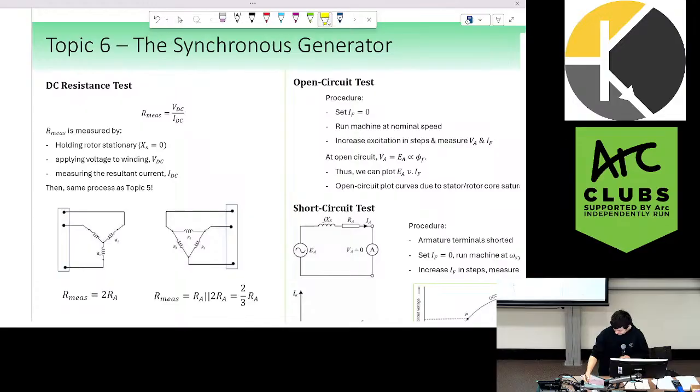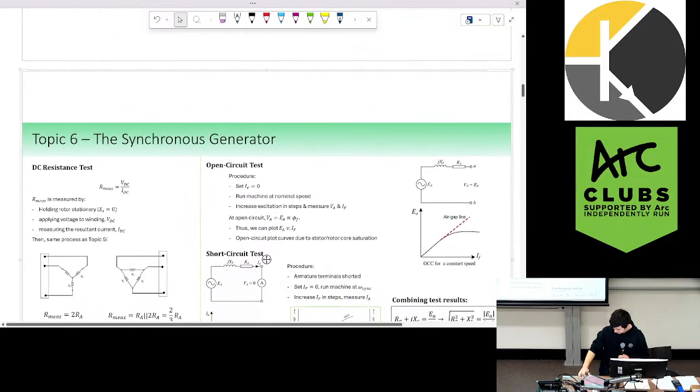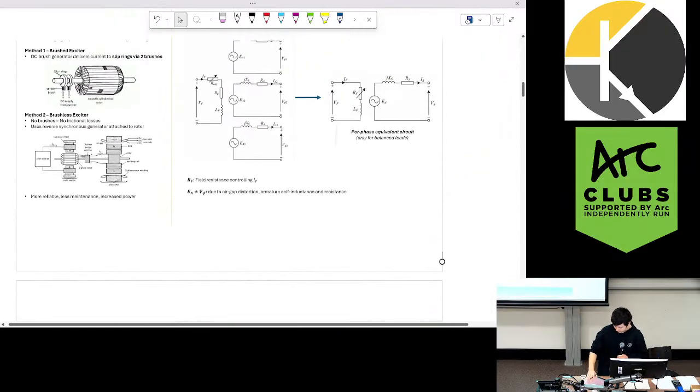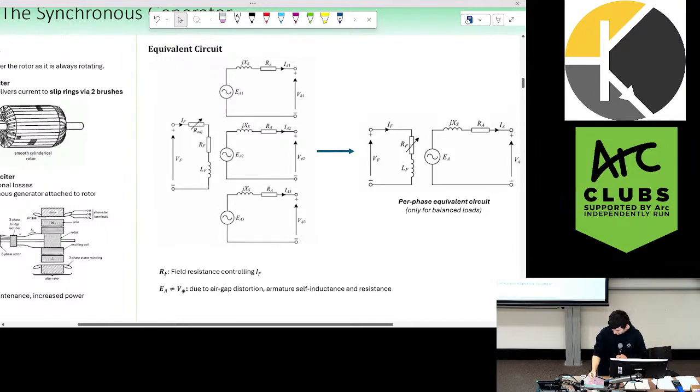It's a little strange just because we are now considering the armature in a DC fashion, where we were just told that it generates AC things. Essentially, by taking the current going through here at DC, the inductors, or equivalent inductors, are bypassed, and so we just get standard Ohm's law running through this resistor, which is fantastic.